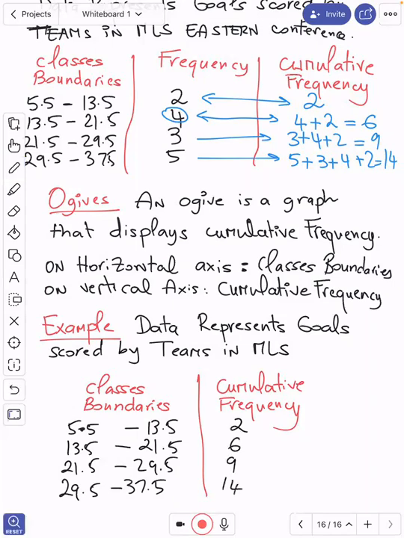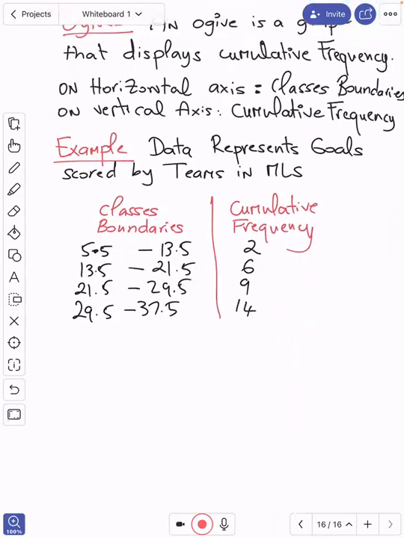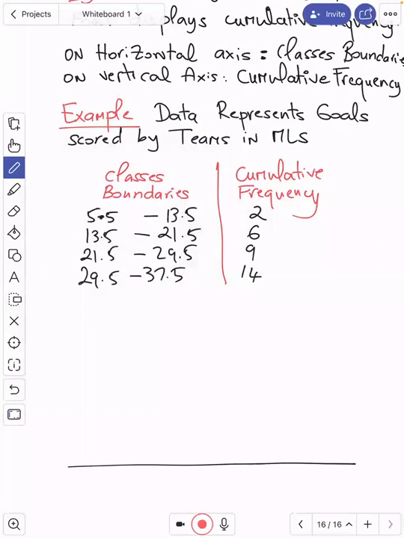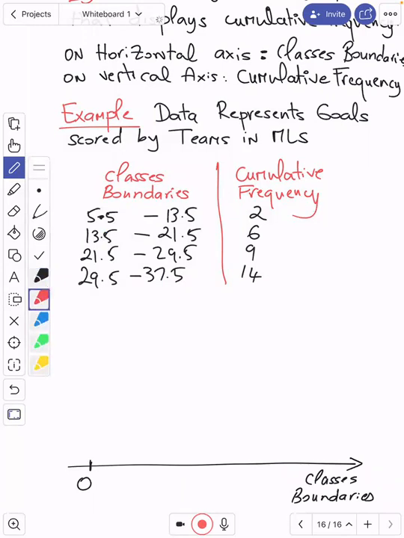Now, how does this ogive work? So for the horizontal axis, again, this is like our class boundaries. The first class, the lower boundary, is actually 5.5. So we're gonna start here at 5.5. This is the lower boundary.